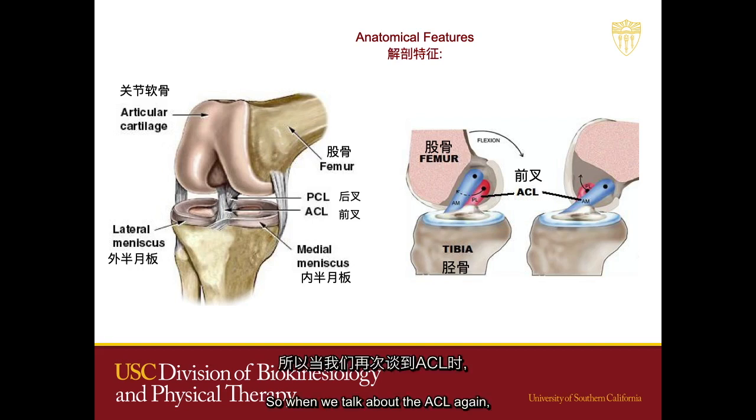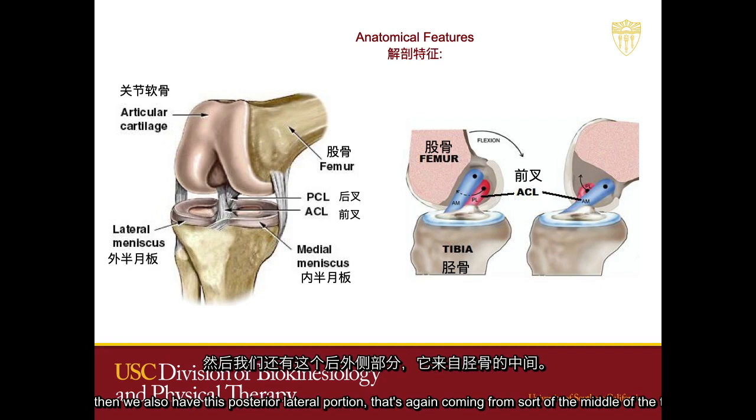So when we talk about the ACL, again, we know that the ACL comes from the anterior portion of the tibia, but there's also what we call the PL portion. So the anterior is from the anterior medial aspect, so it attaches a little bit to the medial meniscus. And then we also have this posterior lateral portion that's, again, coming from the middle of the tibia.